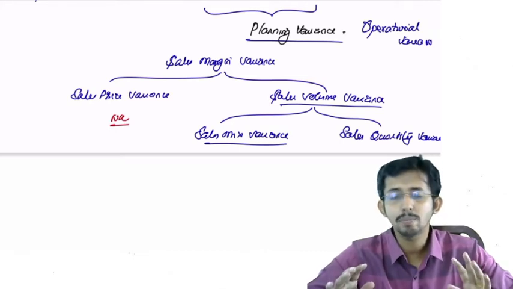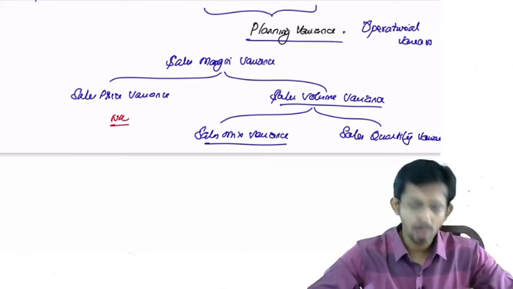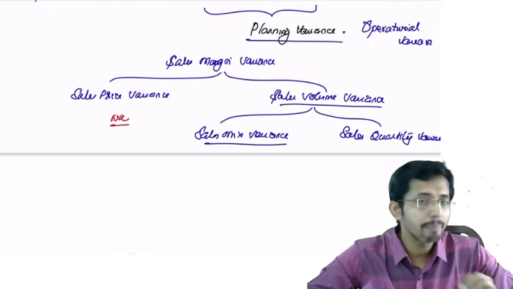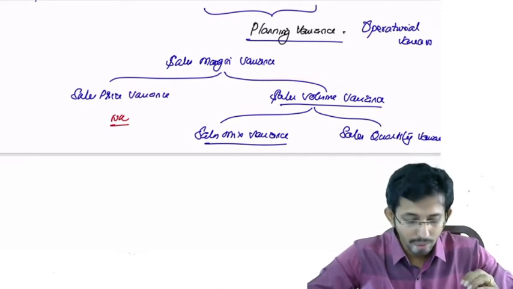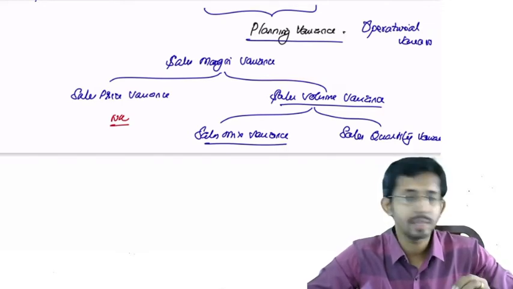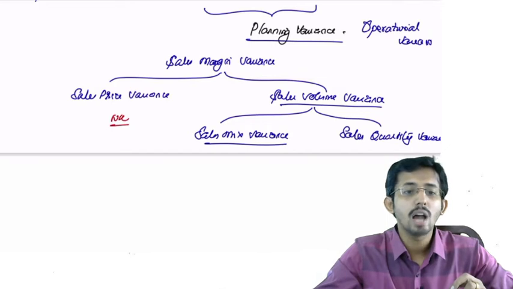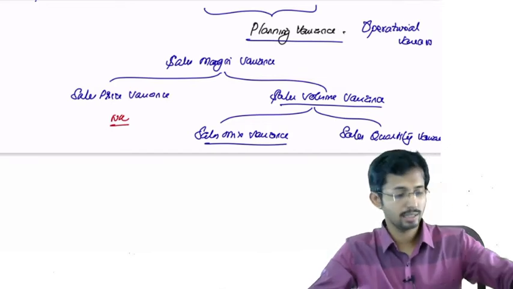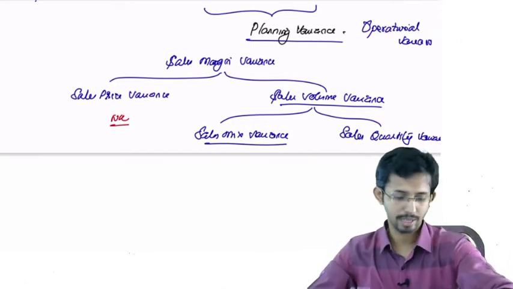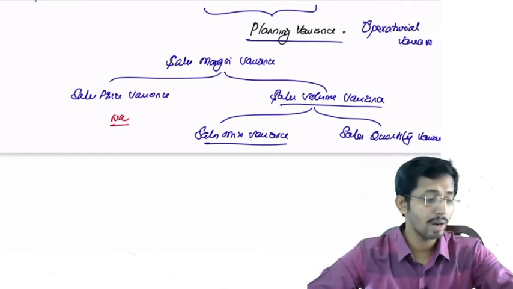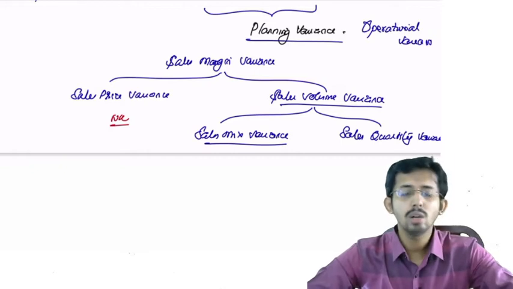Is it clear? It has become nil. Okay, now therefore you can continue. Therefore we need to compute only the sales margin volume variances. Is it clear? Okay. Now the question is how to compute the sales margin variances. Okay, right. So first thing is you have already computed the revised budget and the actual budget. Now what do you have to do?